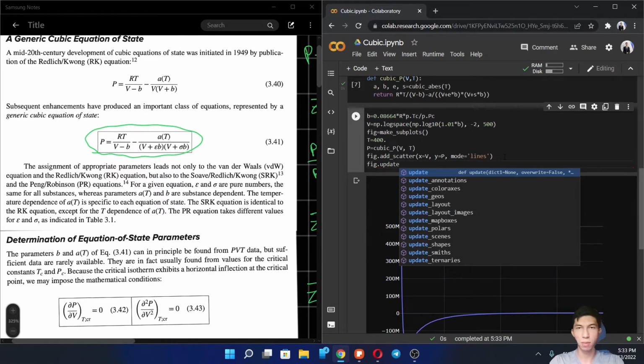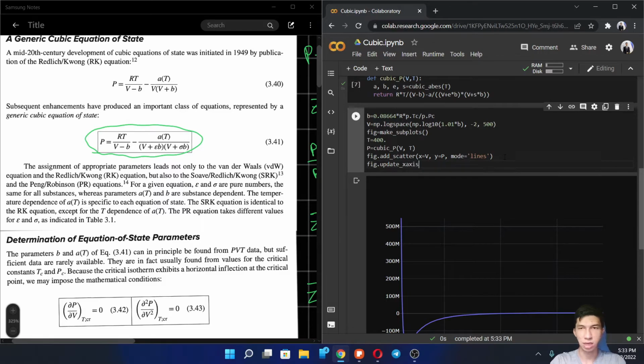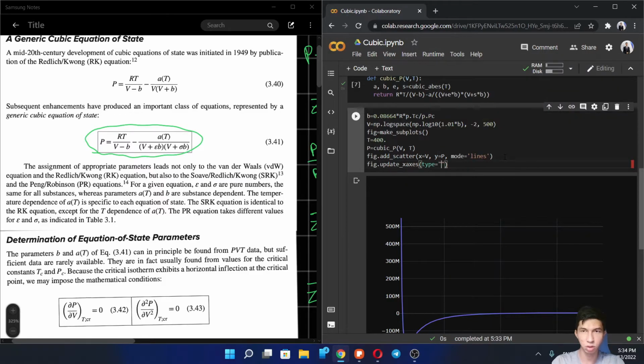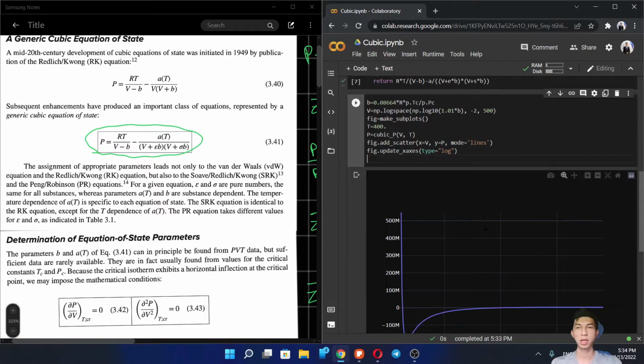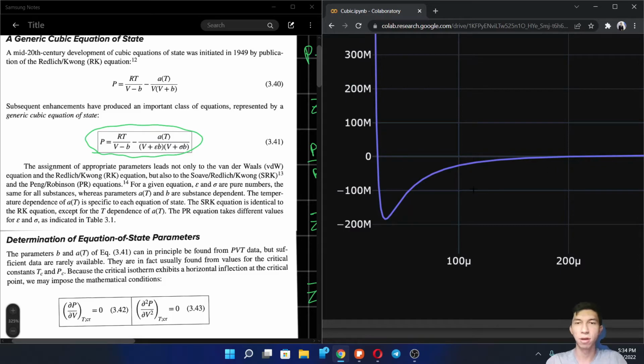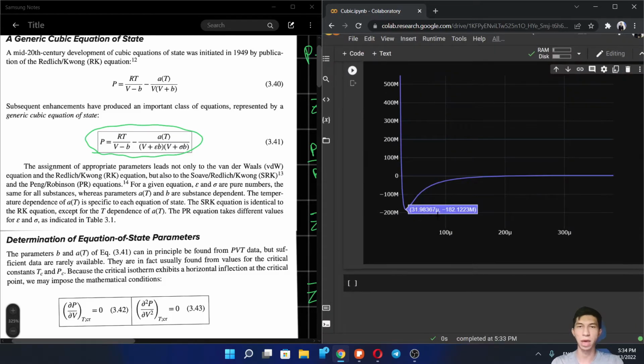So let's just make our x-axis logarithmic, right? So x-axis, type is going to be equal to log, right? And let's just give a boundary for our graph because it's too big.